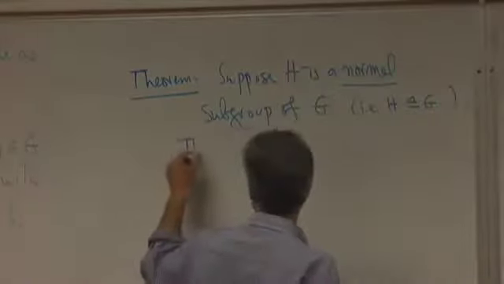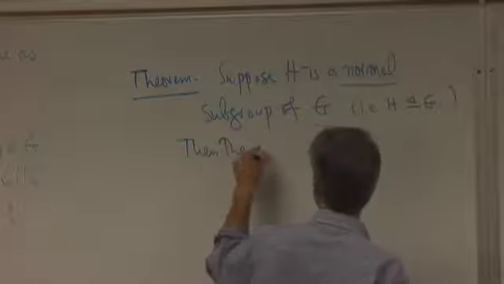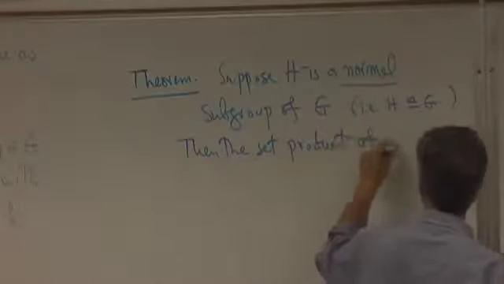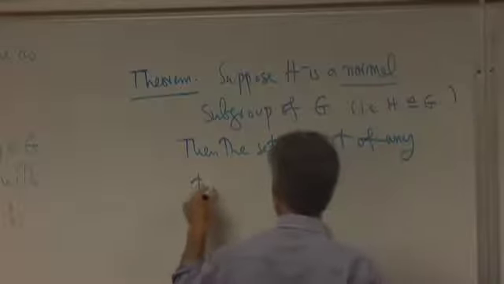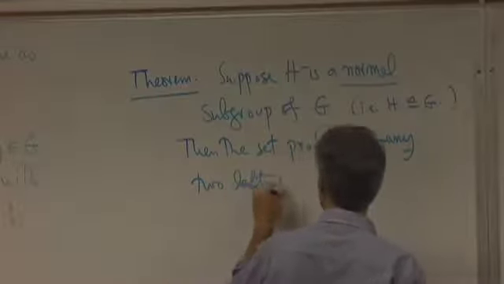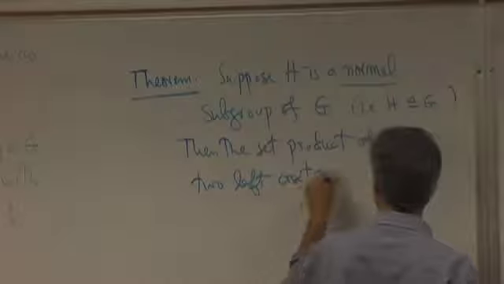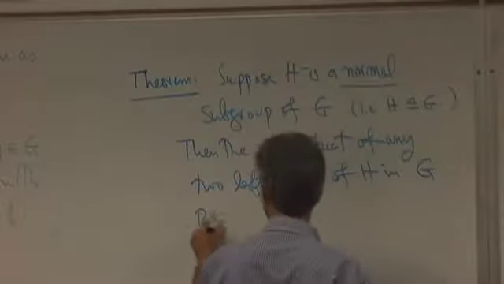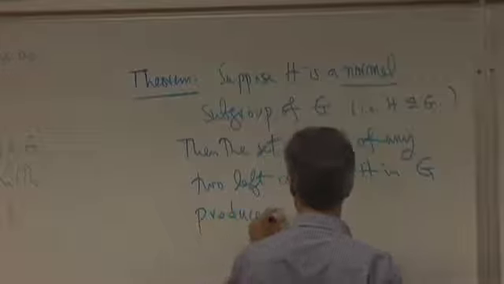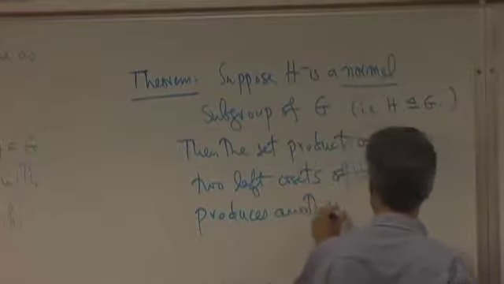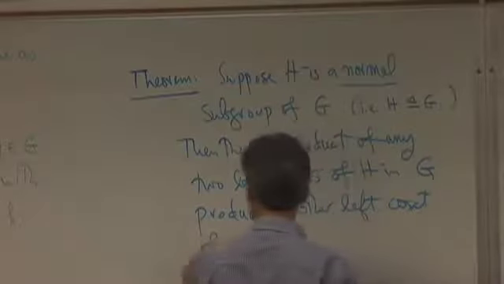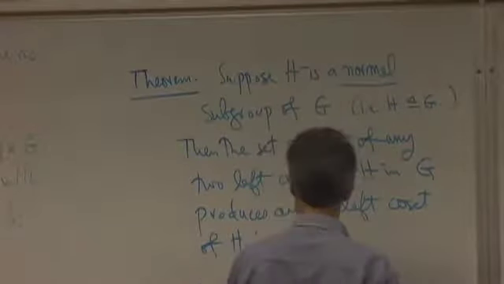Then the set product of any 2 left cosets of H in G produces another left coset of H in G. Let me rephrase that.